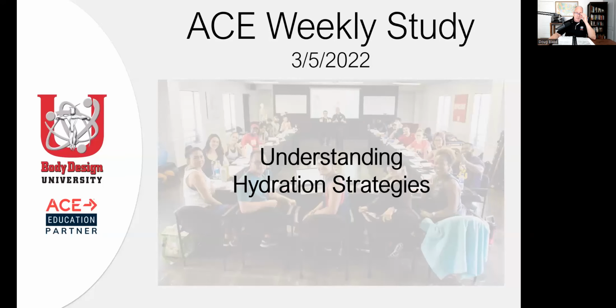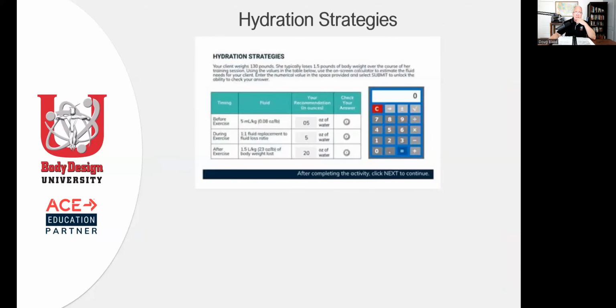Generally, you're given all the information you need, and you just need to go into the little side calculator and do a couple of quick things, but you need to know what that is. So let's go ahead, and I'm going to pull this up for you and talk about understanding hydration strategies. So here, of course, was the actual test question that Natalie brought up, hydration strategy. So let me just go over this with you real quick. And I've got my calculator here that I'll show you and I'll use as we go through this.